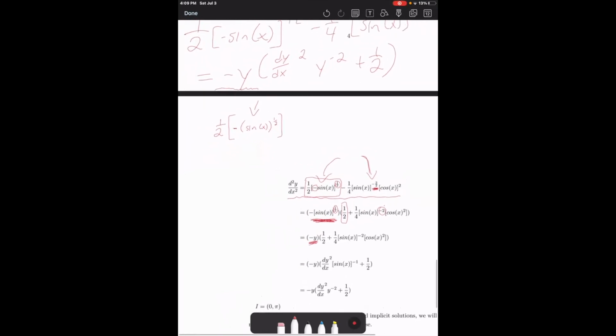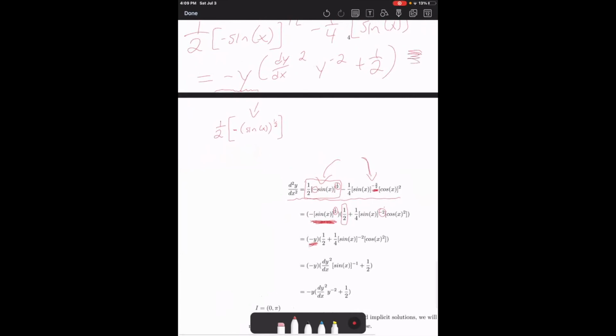Now, let's just take a quick peek back up here and see what we want it to look like. We've got the negative y factored out. Now we want the inside of the brackets to look like dy dx squared times y to the negative 2 plus a half. The plus a half portion is already accounted for, which is nice. So we just want the remaining portion to look like dy dx squared times y to the negative 2.